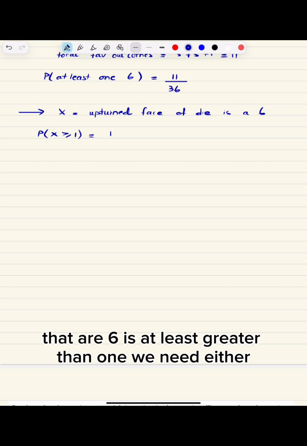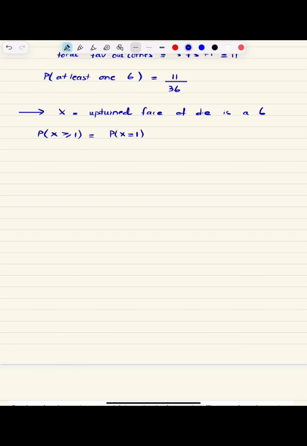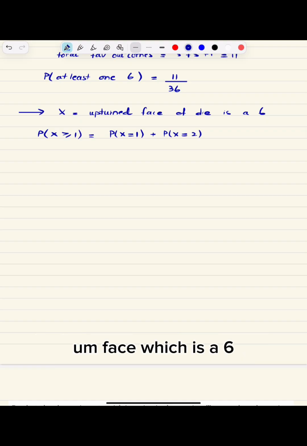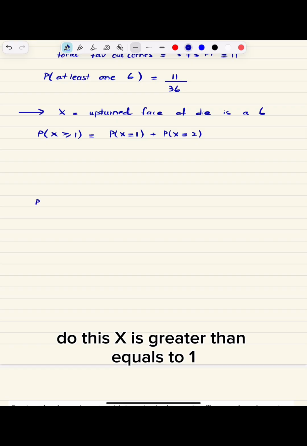So we need either one upturned face which is a 6, or both of the dice showing an upturned face which is a 6. An easier way of solving this would be X is greater than or equal to 1.